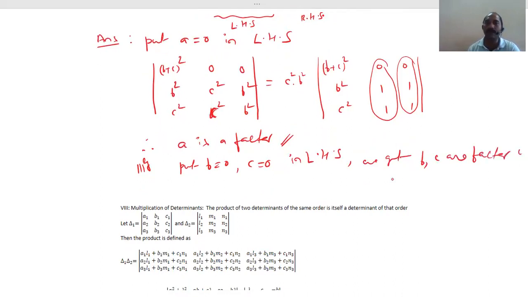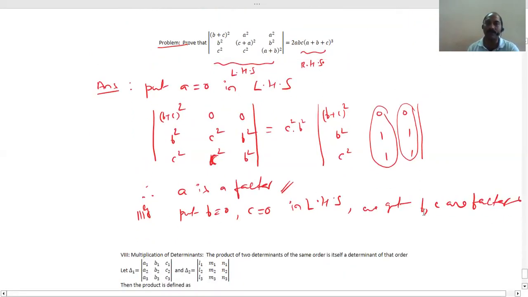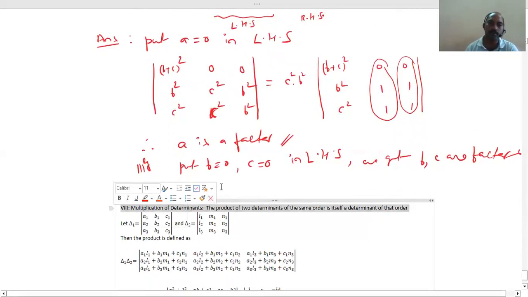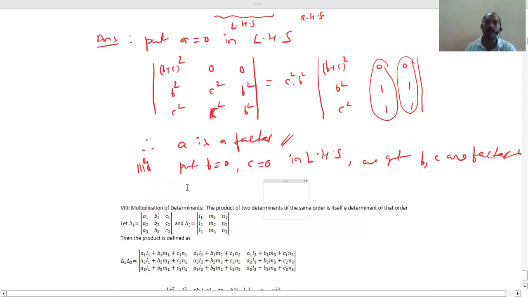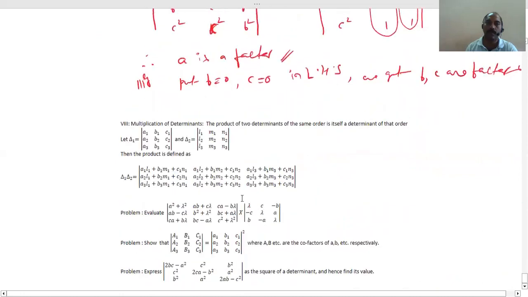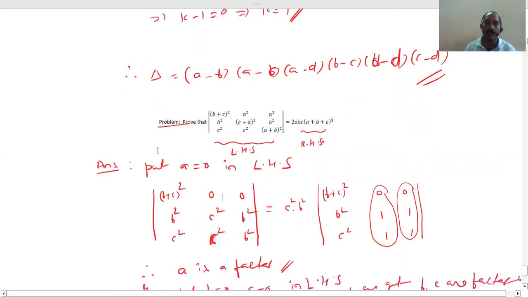Now, totally, how many factors are there for the RHS function? Three factors. One is A, another one is B, another one is C. Total three factors are there. That means A, B, C. It is better to solve the problem below.